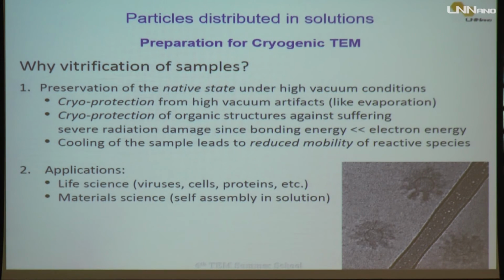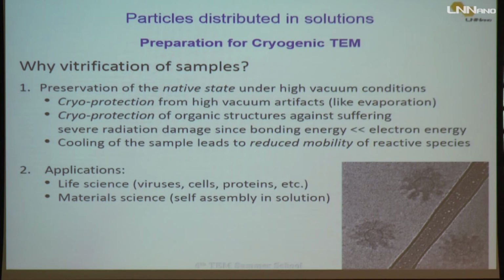Cryoprotection of organic structures against suffering severe radiation damage, okay? Because the electron beam is an ionizing radiation. When you illuminate your sample with the electron beam, you are ionizing everything in front of the beam.